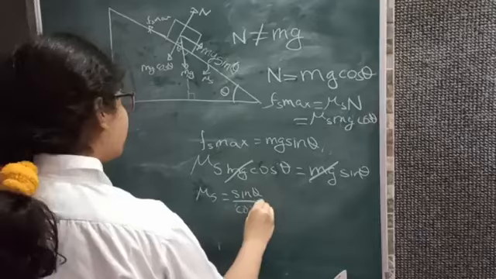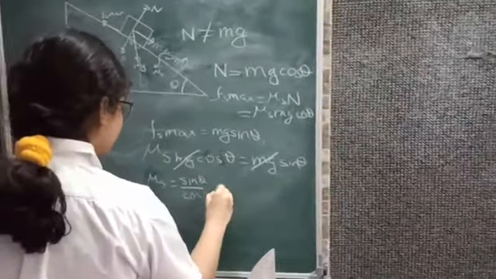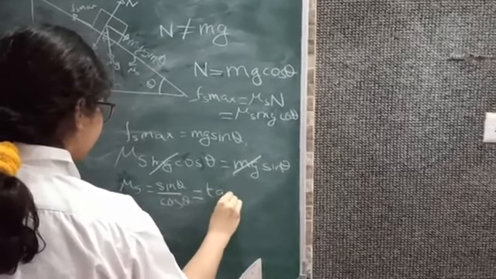And from trigonometry we know that sin theta by cos theta is equal to tan theta, so mu s becomes tan theta.